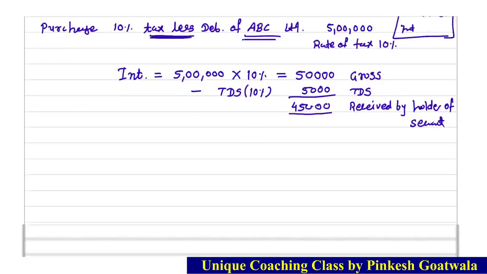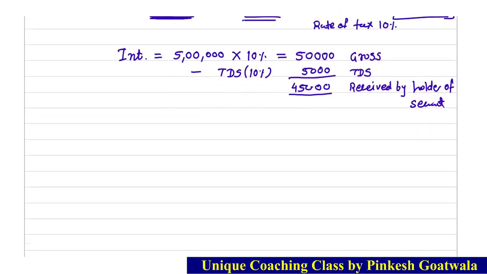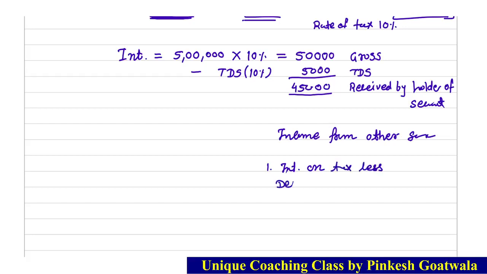Now when this person A prepares his statement, that is income from other sources, here he should show this income: interest on tax less debenture of ABC.